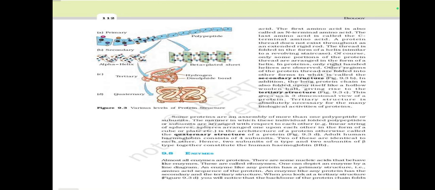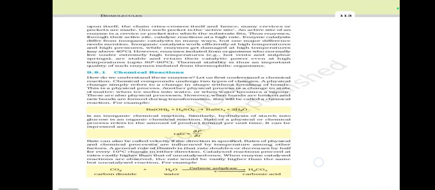When you look at a tertiary structure figure, you will notice that the backbone of the protein chain folds upon itself. The chain crisscrosses itself, and hence many crevices or pockets are made.